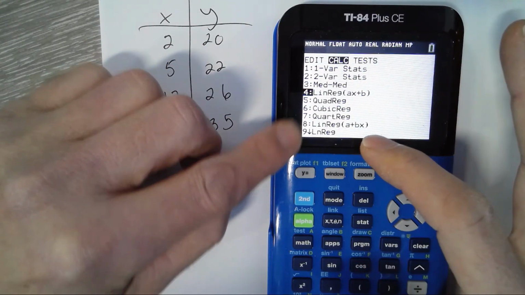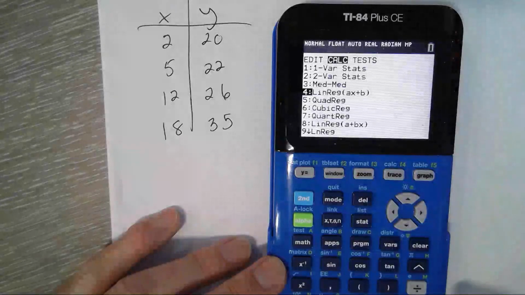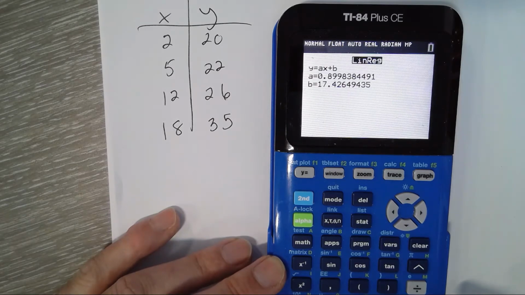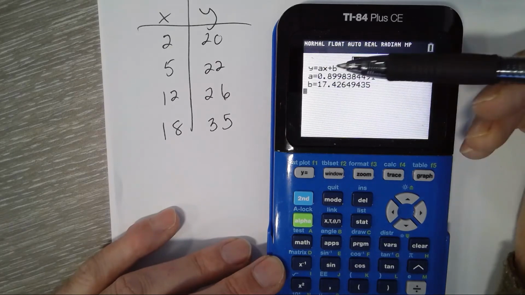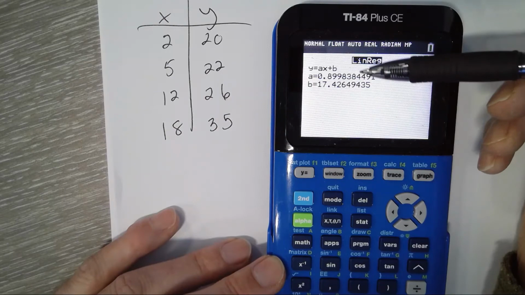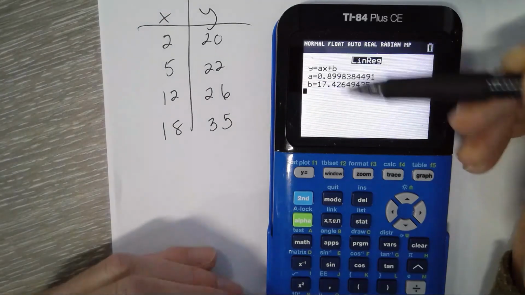Number 4 is kind of the mx plus b form. So number 4, we're going to do a linear regression. Hit enter, and if you just want the answer, you could just go enter, enter, enter, enter, and we get our answer. So the equation, the line of best fit, would be y equals 0.8998 x plus 17.426. So that gives us the line of best fit.